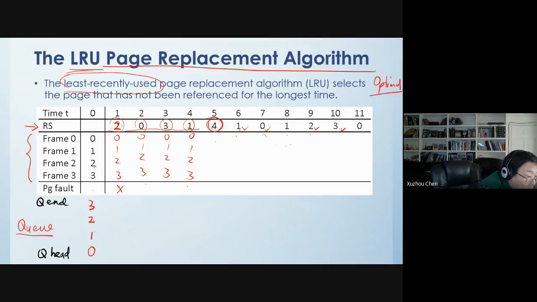But if page 2 is referenced, then the chance that page 2 will be replaced is reduced, because page 2 is recently used. So it's recently referenced. So once page 2 is referenced, we're going to update the queue.